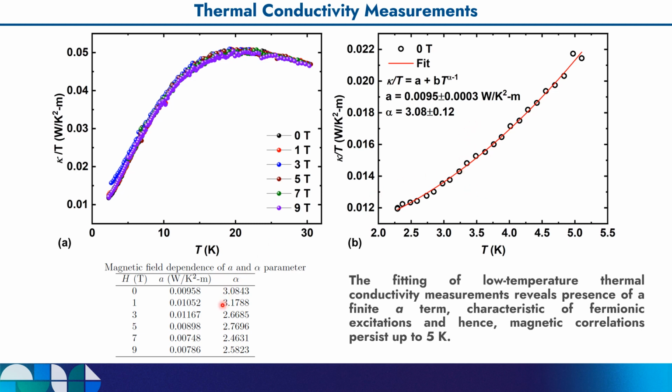Further, if you see the field dependence of the value, it is increasing and decreasing, meaning it's not constant with magnetic field. That means there are some magnetic excitations which are giving rise to phonon scattering at those temperatures, further reinforcing our magnetization and heat capacity results.